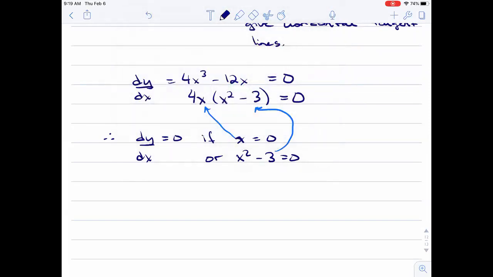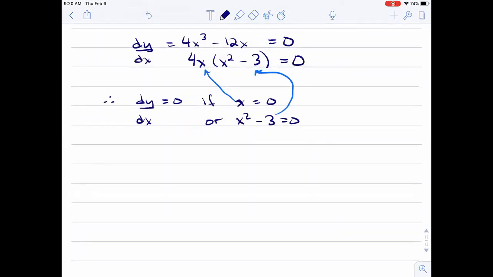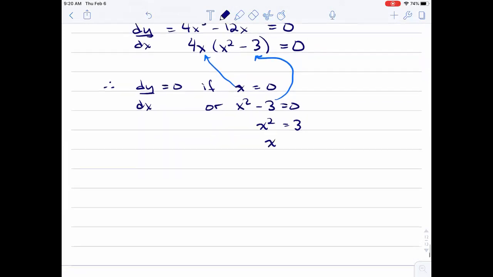If either of those are 0, then I get a 0. So if x squared is equal to 3, then x is equal to plus or minus root 3. Both of which are options on our graph, both of which are in the domain.